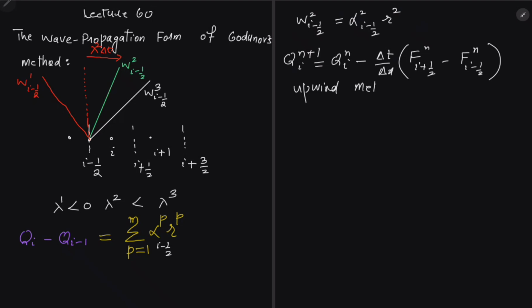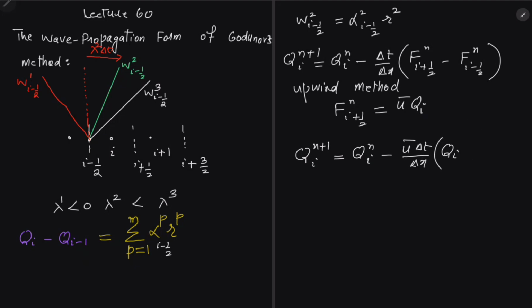In the upwind method, all the information is traveling from left to right if u bar is greater than 0. For the upwind method, we have Fn at I plus 1/2 is equal to u bar Qi. So we have Qn plus 1 I is equal to Qni minus u bar delta T by delta X, and we have Qni minus, and it should be at I plus 1/2.